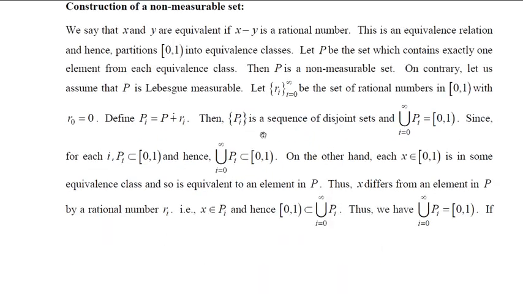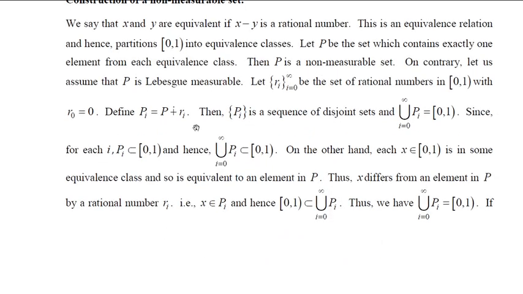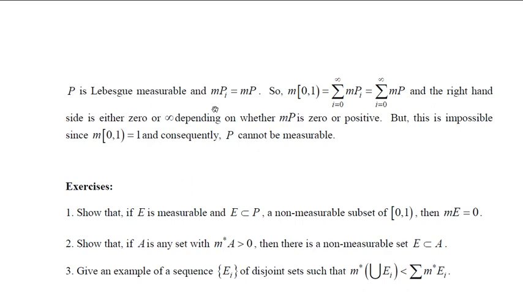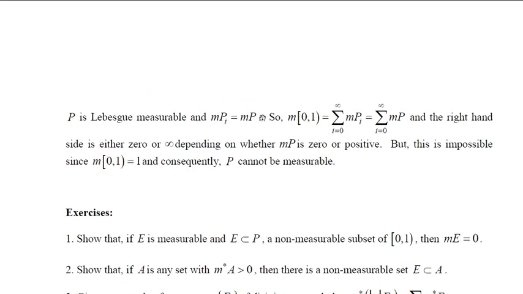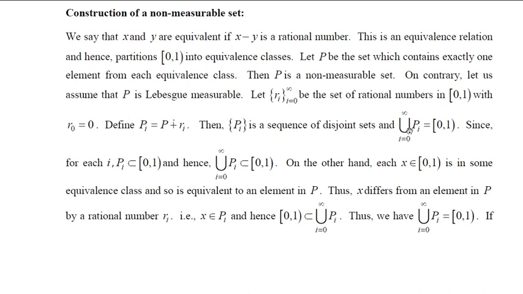And further, we should note that we have assumed P is a Lebesgue measurable set. Since M is translation invariant, this measure is the same. And so, the measure of the half closed half open interval must be equal to the measure of the union of this.